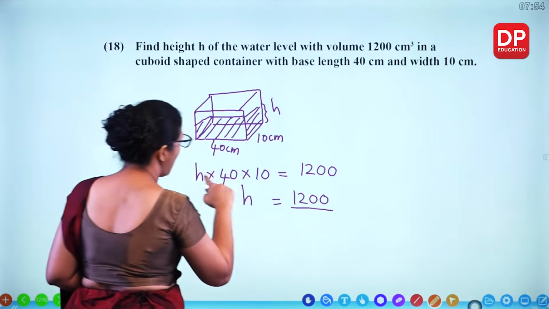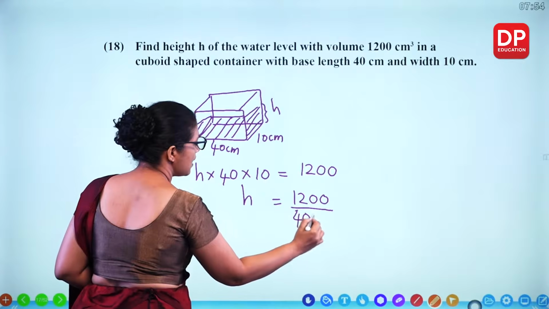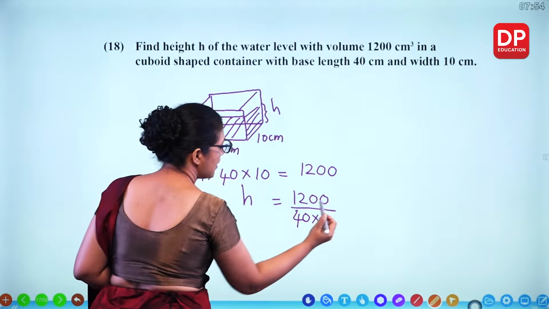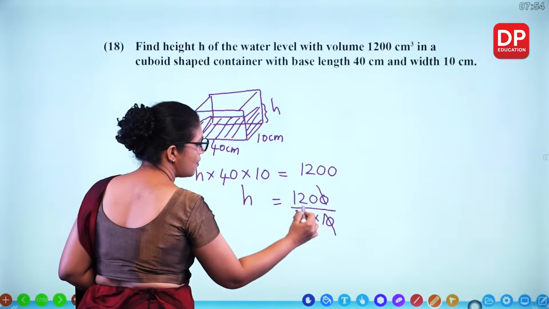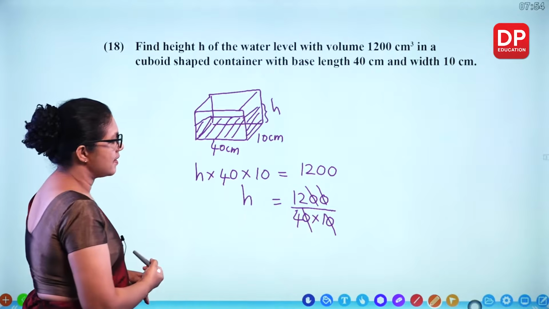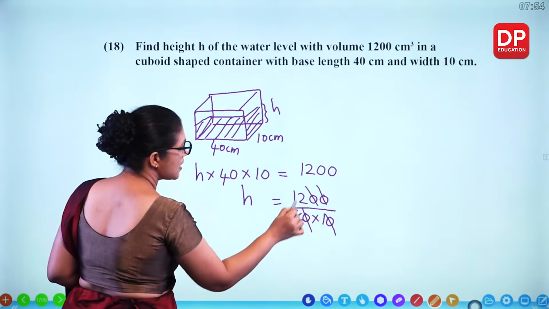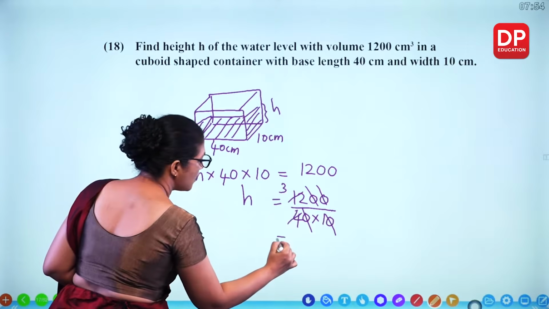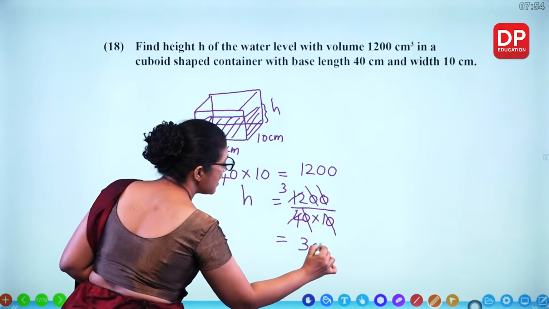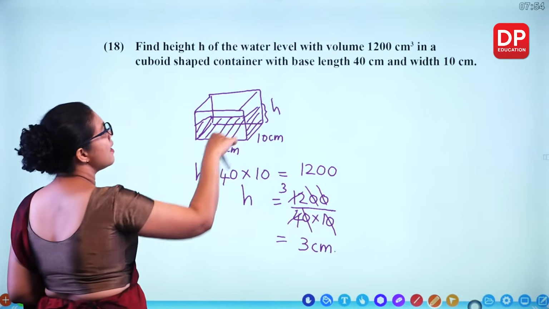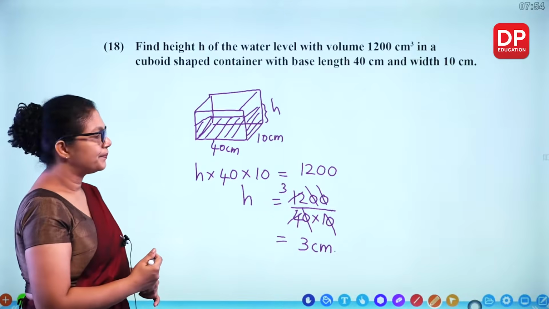So how do you find h? 1200 divided by 40 and 10. Now simplify, 10 and 10 get cancelled out. So 4 times 3 is 12. So 3 centimeters is the height of water.